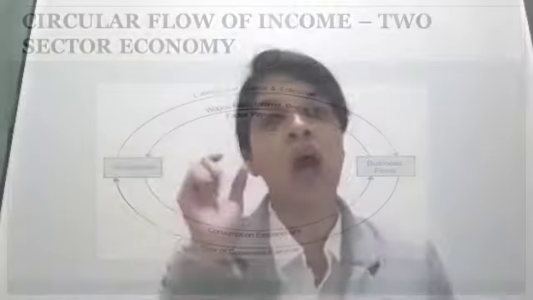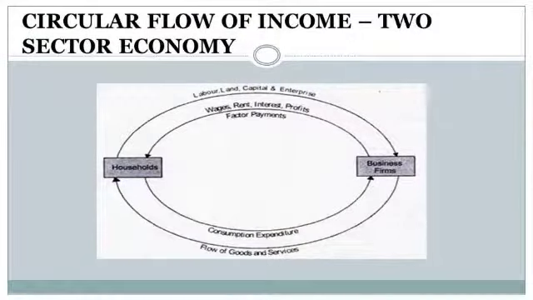So, I would repeat, the two-sector model consists of a household and the business firm, where the households provide land, labor, capital and enterprise to the business firms, and in return, the business firms give them factor payments like wages, rents, interest and profits.